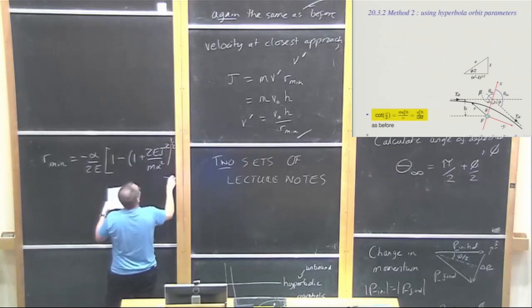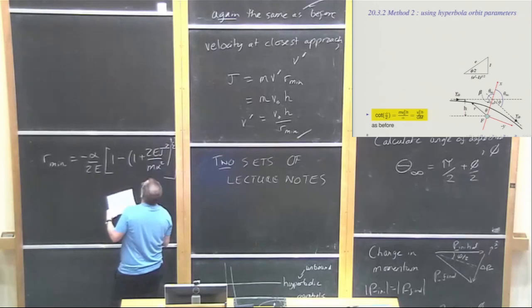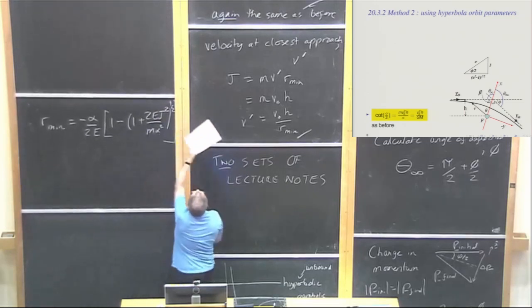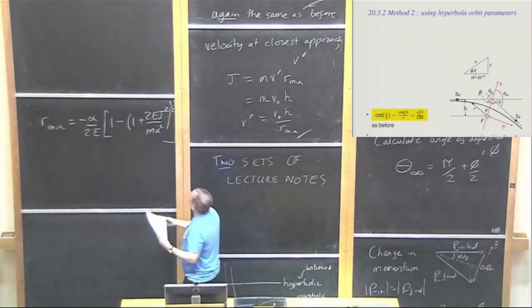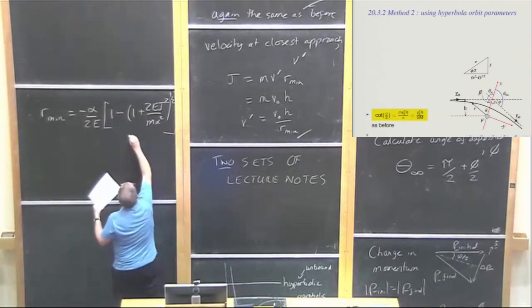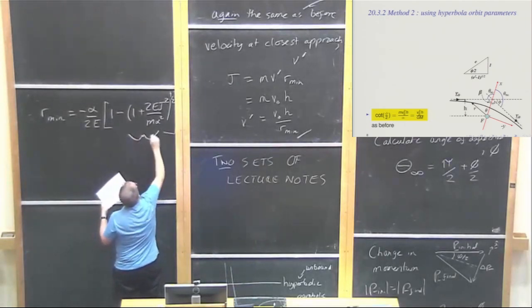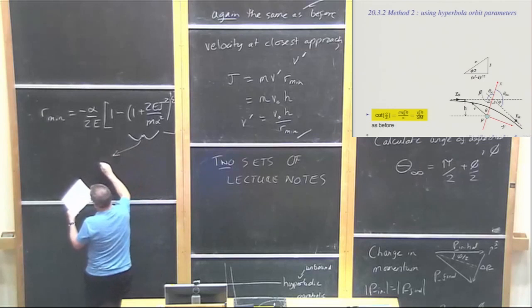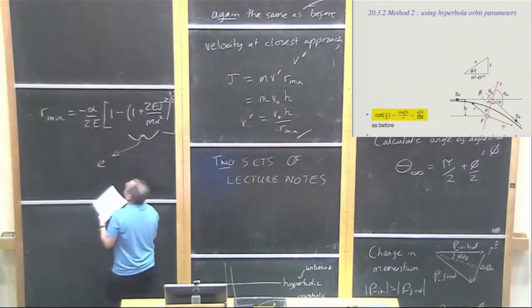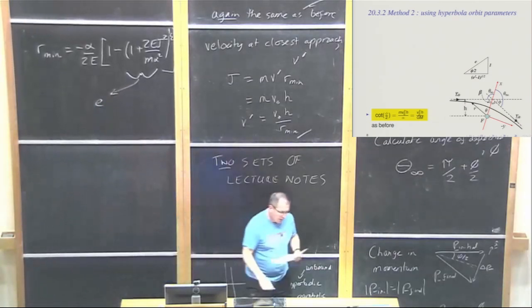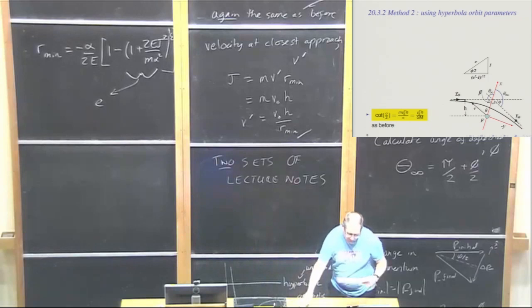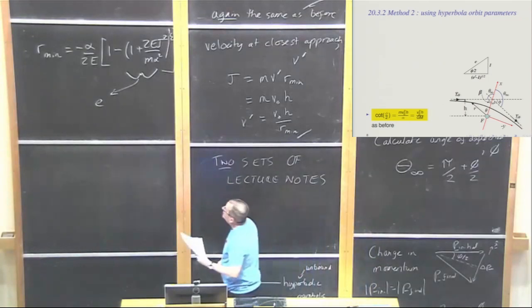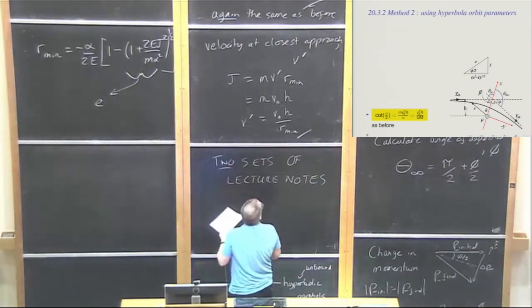Sorry, running out of board here, but since this is just a repetition of this, I hope you can read it. The reason I've written that is to remind you that it is this quantity here which is the eccentricity. So we know what the eccentricity is in terms of these quantities.